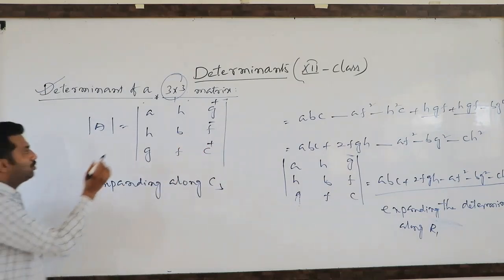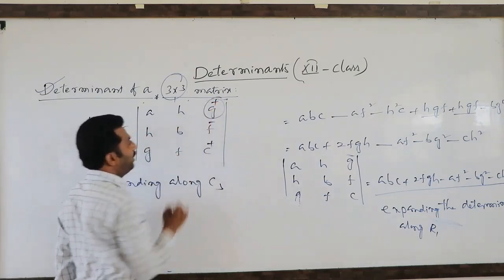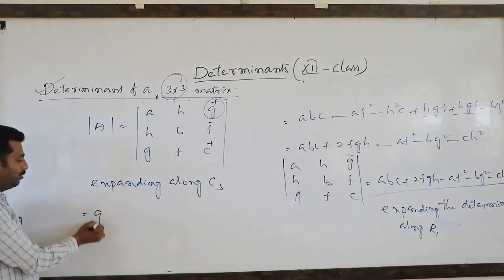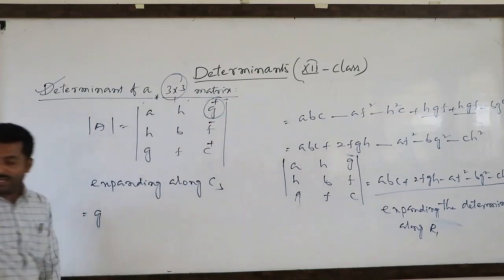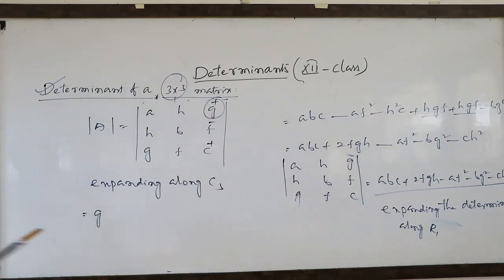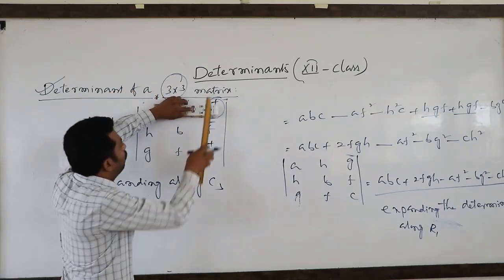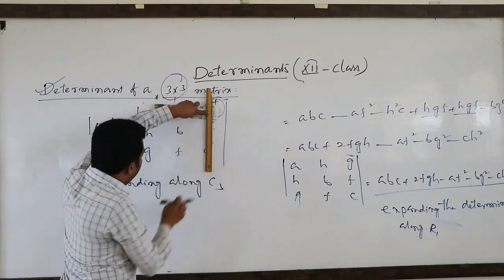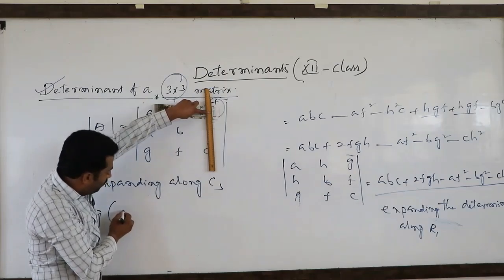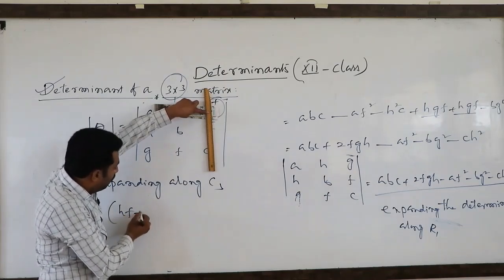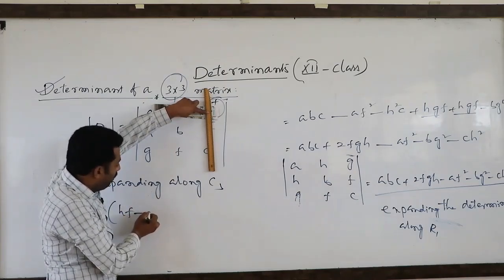Now, you have to choose the first element, that is G. You see there, plus G. Corresponding column, corresponding row: for element G, this is the corresponding row, this is the corresponding column. Then what are you left with here? HF. So this is HF minus GB.